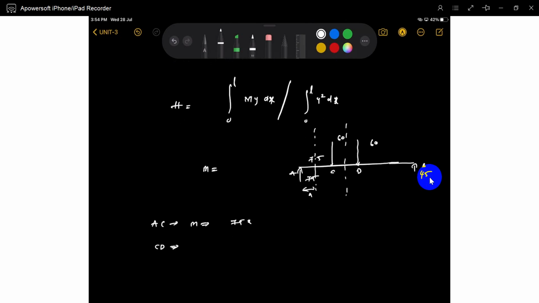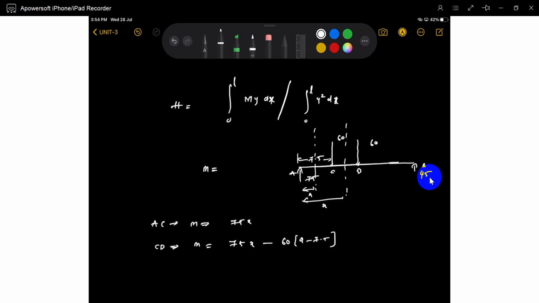This is x. Moment is 75 into x minus 60 multiplied by (x minus 7.5). This distance is 7.5. You write like this.